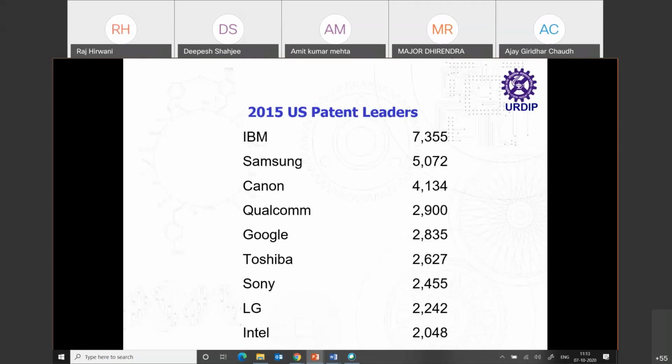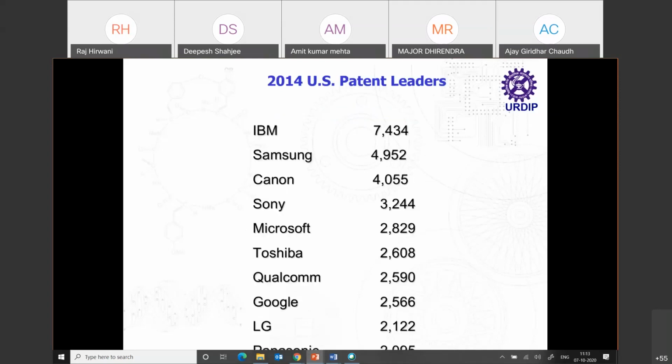We have American companies at 3, 4, 5. This worries the US government. Out of the top 10 in the US patents, 5 or 6 are non-American companies.